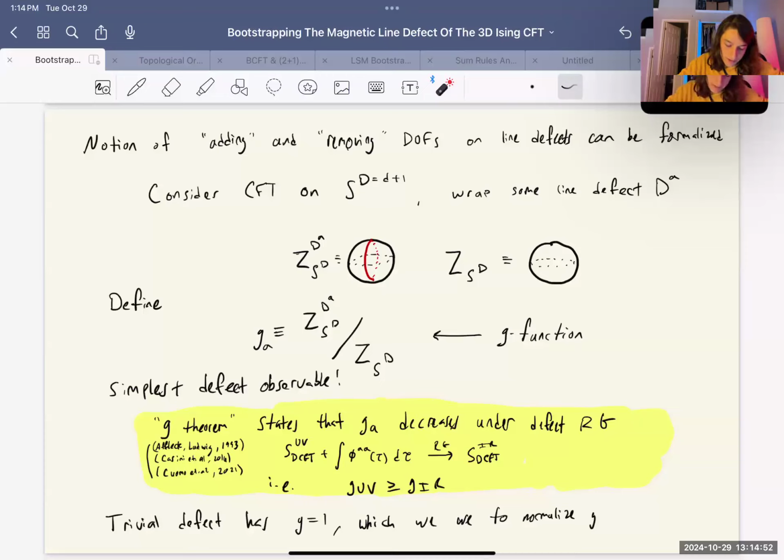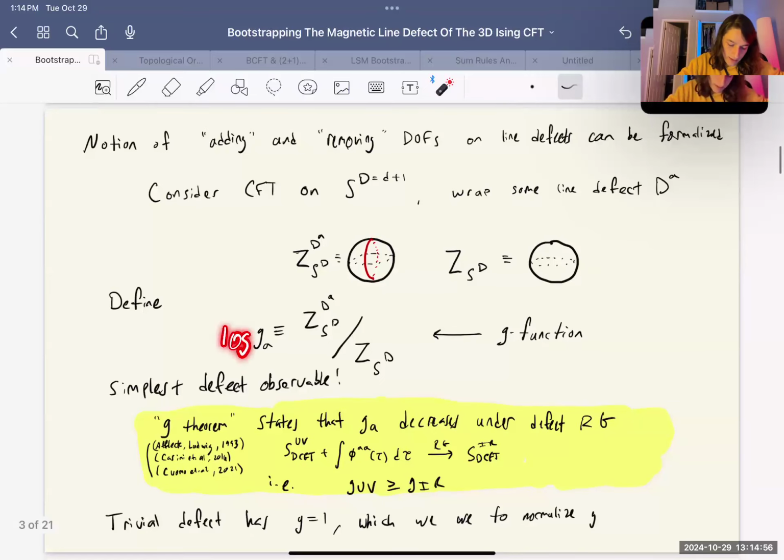So we take the ratio of these two partition functions, and if we were to take the log of this quantity, we would be measuring some kind of free energy difference. This quantity is known as G. When we have a trivial defect, G is obviously equal to 1, because we just have the sphere partition function divided by itself.